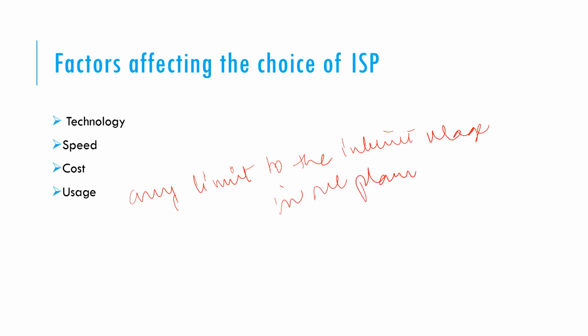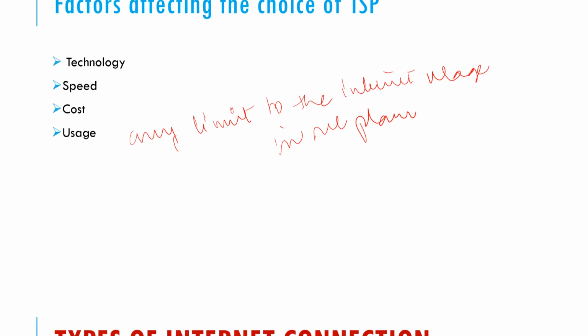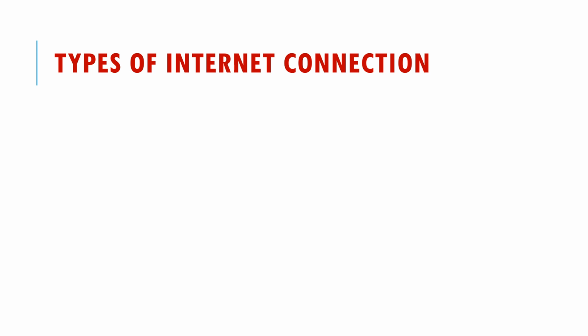These are the key points that we need to remember, and this may also come in your examination, so you can note it down. Next is the types of internet connection. We have two types of internet connection. First is the wired connection.